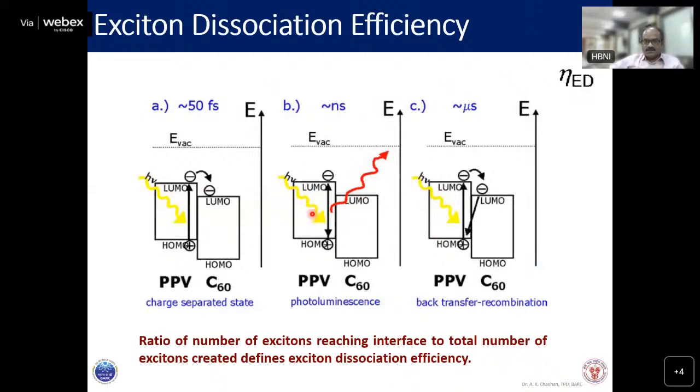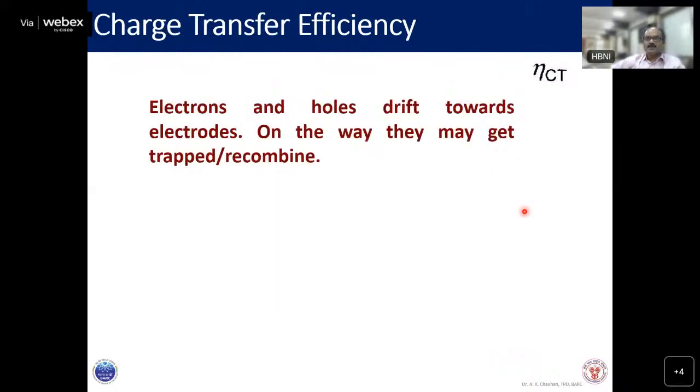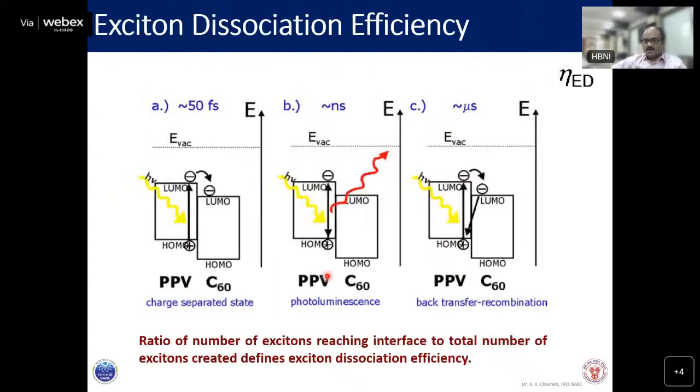So this is exciton dissociation efficiency, which is only for this part. These two are for recombination loss. So we can see the recombination probability, and here also the back transfer recombination probability.